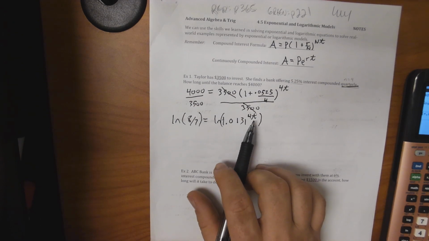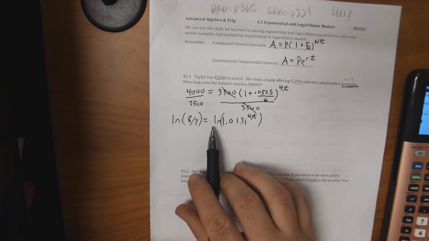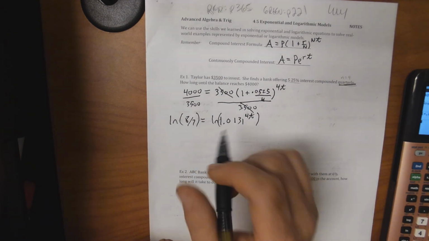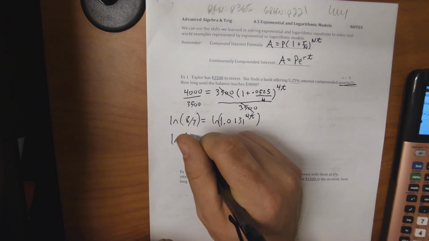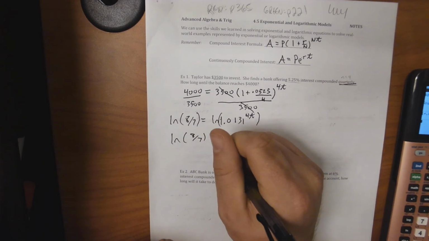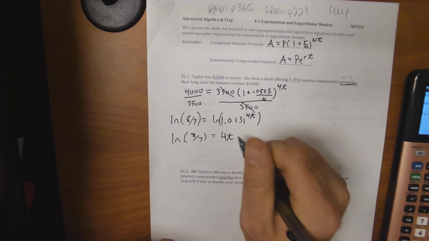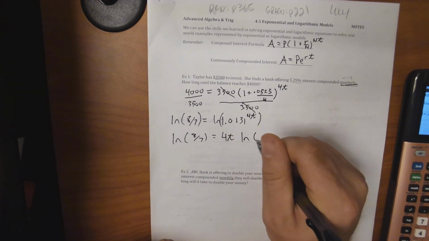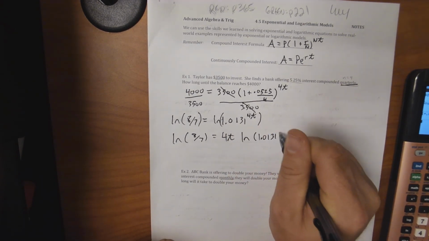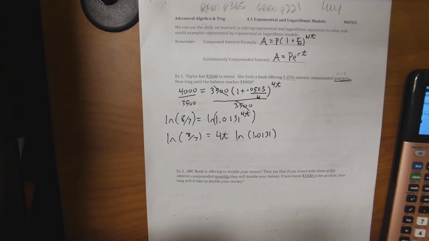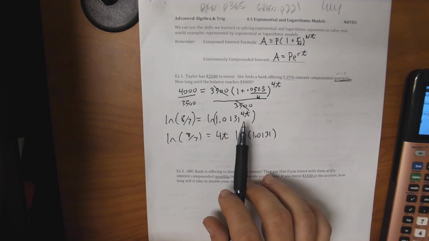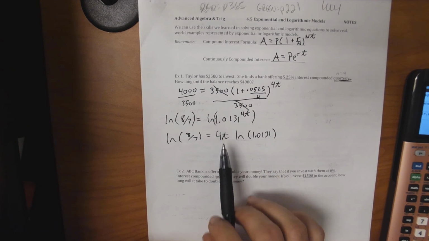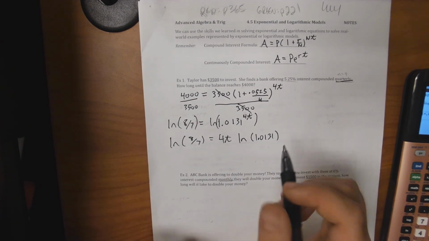If you recall, properties of logarithms let us pull that exponent out front. Give you guys a moment to write that down. So we use logarithms on both sides, and properties of logarithms let us pull that exponent out front as a coefficient. And now all we got to do is divide.